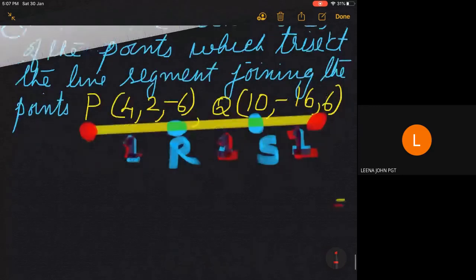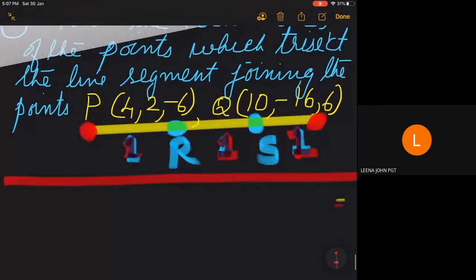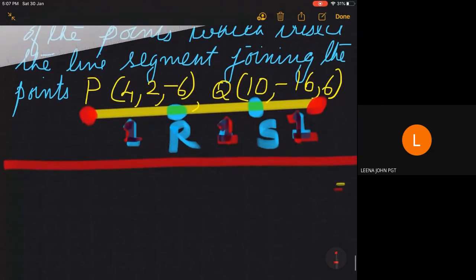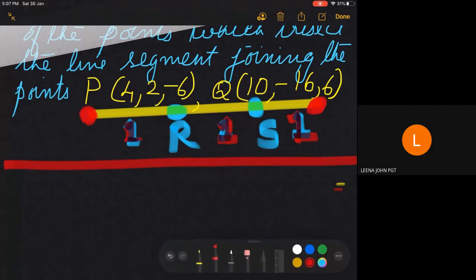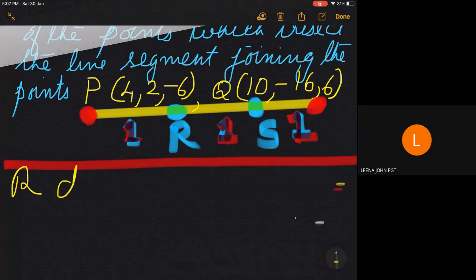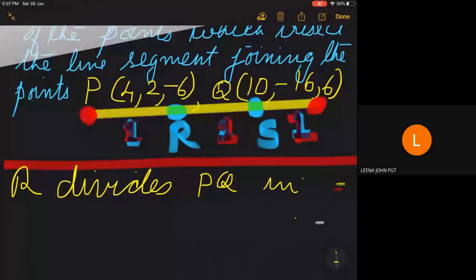Now at a time you can use the section formula only for 1 point. So you find out R first. R divides PQ in which ratio? You can say that R divides PQ in the ratio 1 is to 2.